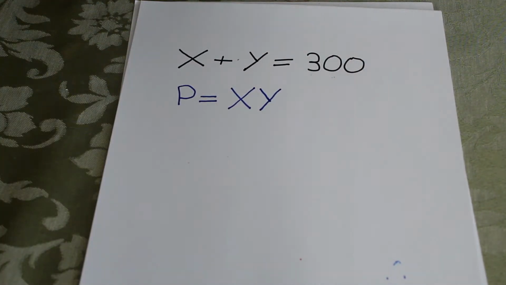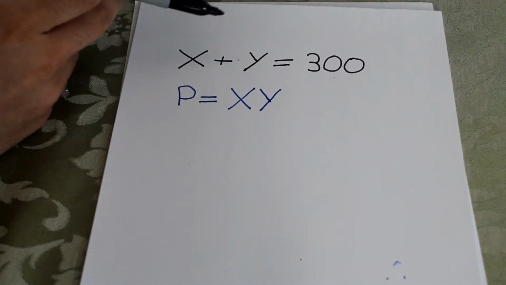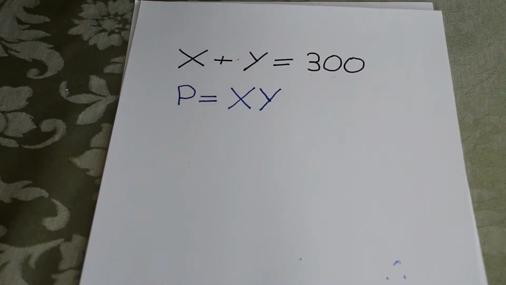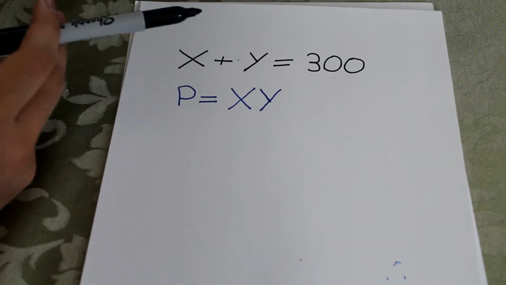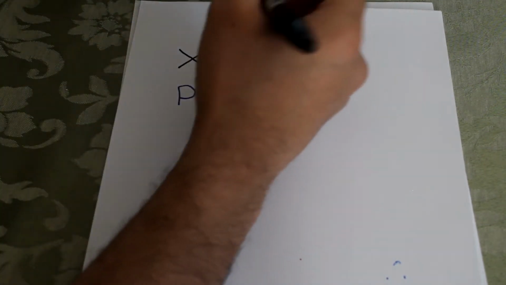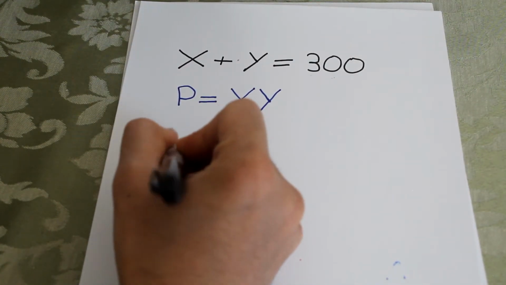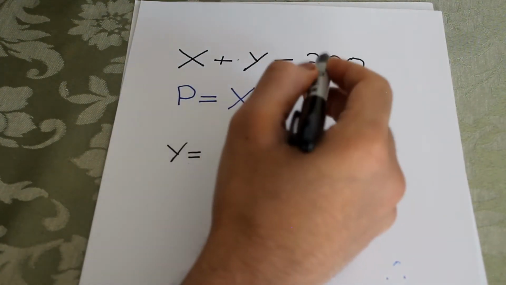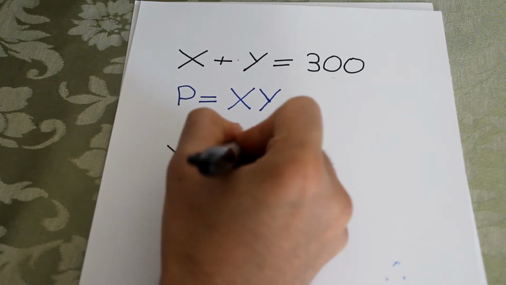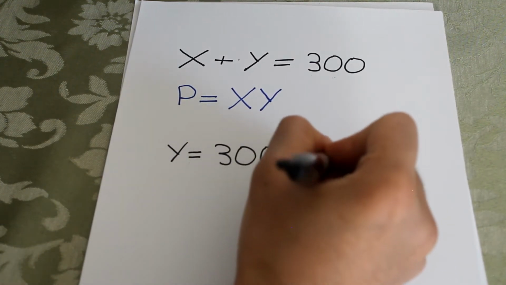The problem we have here is that we have two variables, x and y. We would rather deal with one variable, and in order to do that, in the constraint equation, we can isolate one of the variables. I like to isolate the y. So let's say we're going to isolate y in this case. y is equal to 300 minus x.